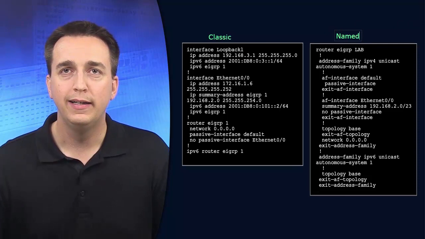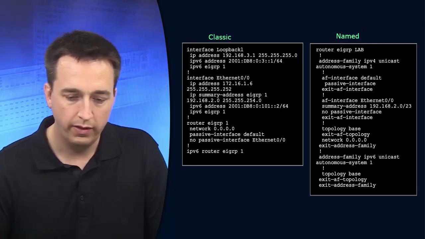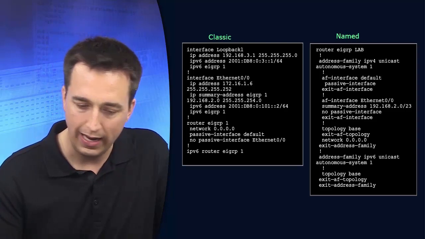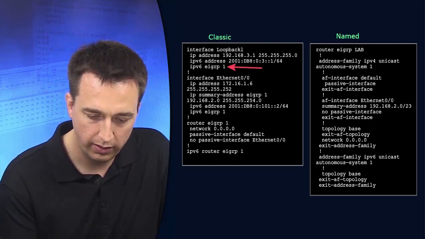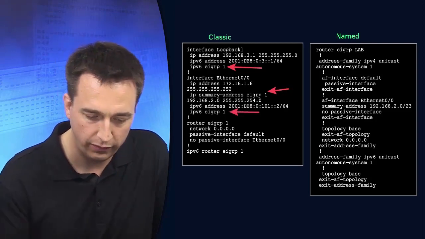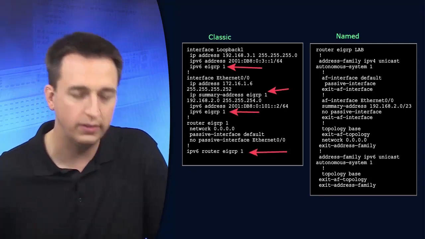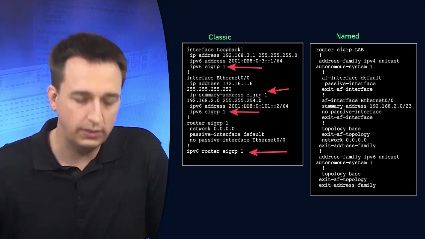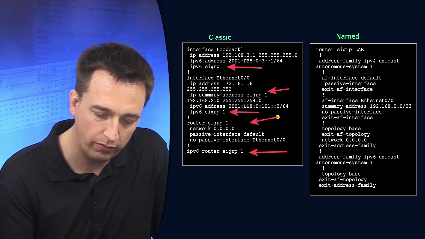So if you're eyeballing the two configurations here, as we've already seen, in classic mode, what do we have? We have some configurations in interface configuration mode, summary address, turning on the routing process on the interface, and then we have to go into global configuration mode and enable the routing process there with the IPv6 router EIGRP command, and then all IPv4 config.